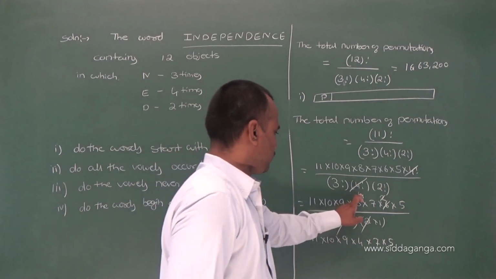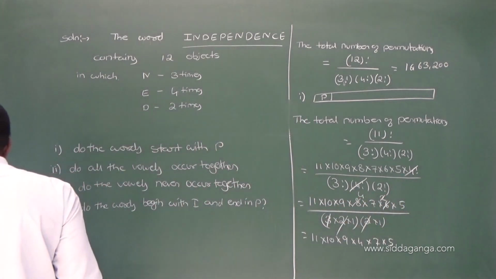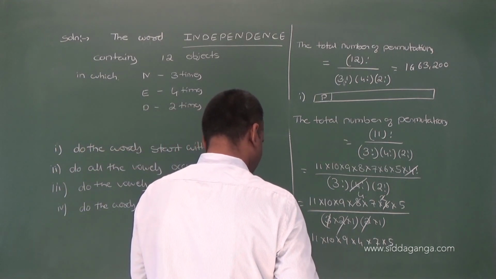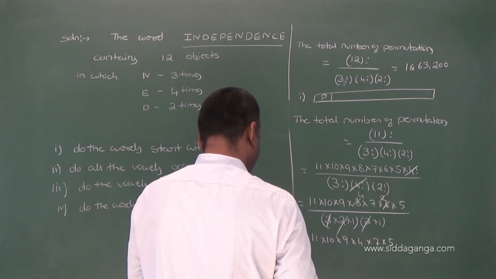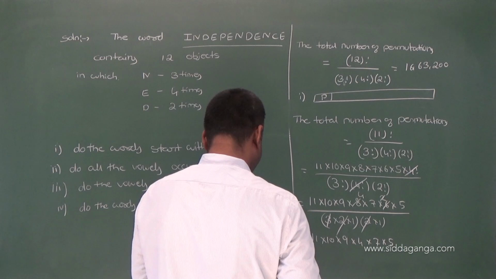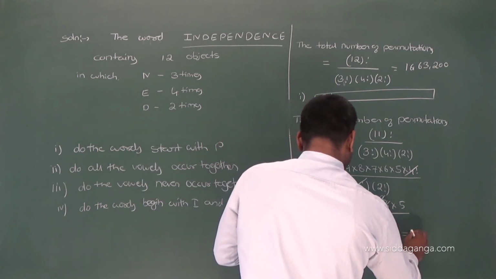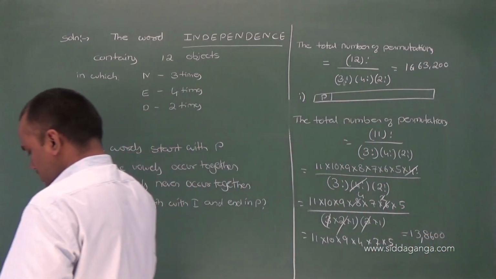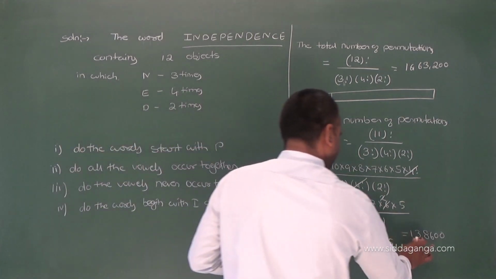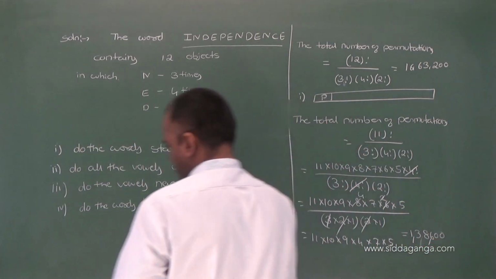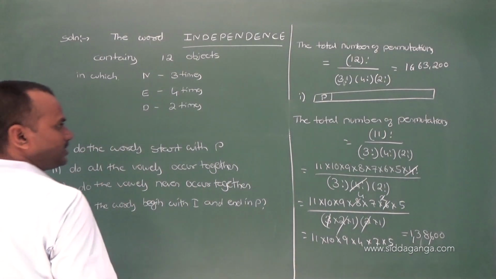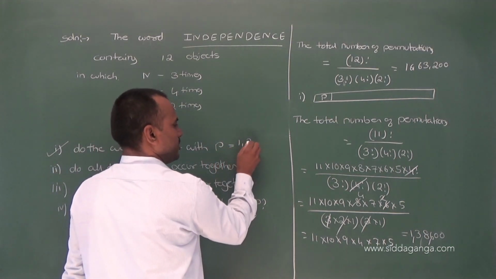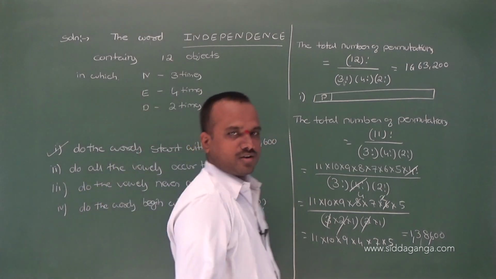Multiplying these values, the answer is 1,38,600. First question is over. So the answer is 1,38,600.